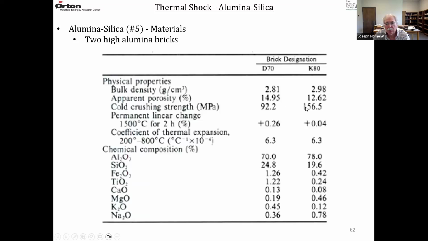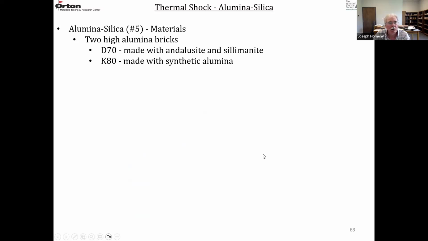The strength goes up with the alumina content. This is a compressive strength in megapascals, 92 and 156. And the coefficient of thermal expansion on these are pretty low, 6.3 times 10 to the minus 6 per degree C. So the 80% alumina is basically a stronger, slightly lower porosity material.